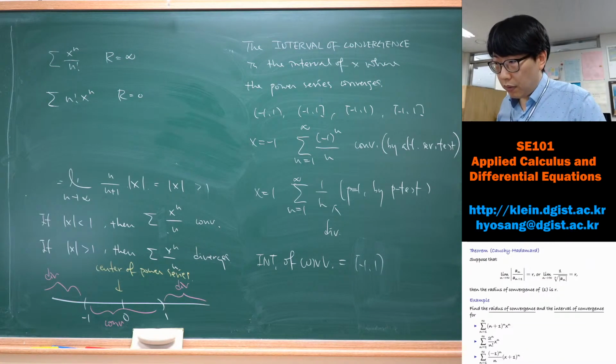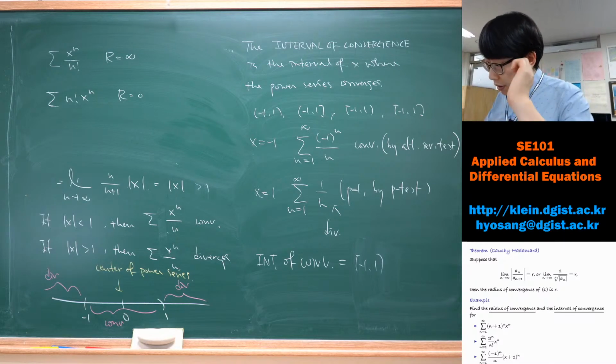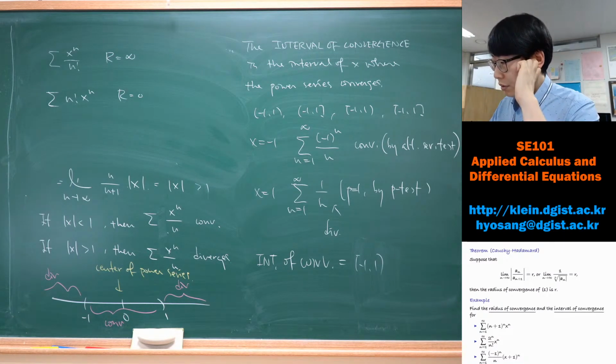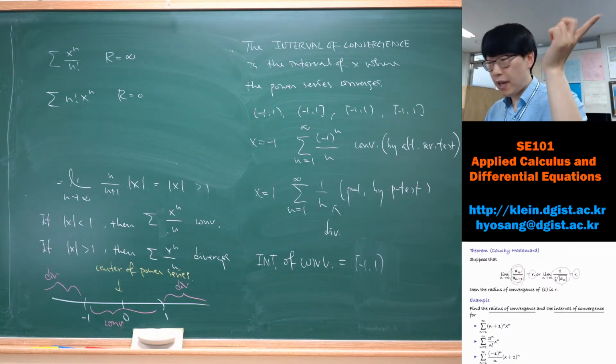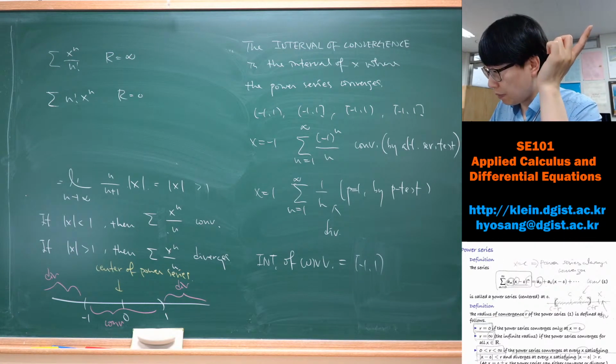Let's keep moving. We have a few more time. So here's a theorem. It's not really a theorem. It says that if you want to find your radius of convergence easily, then you can try to find this ratio or this ratio. So this a_n is not the a_n in the ratio test. This a_n is the a_n, the coefficient of the power series.